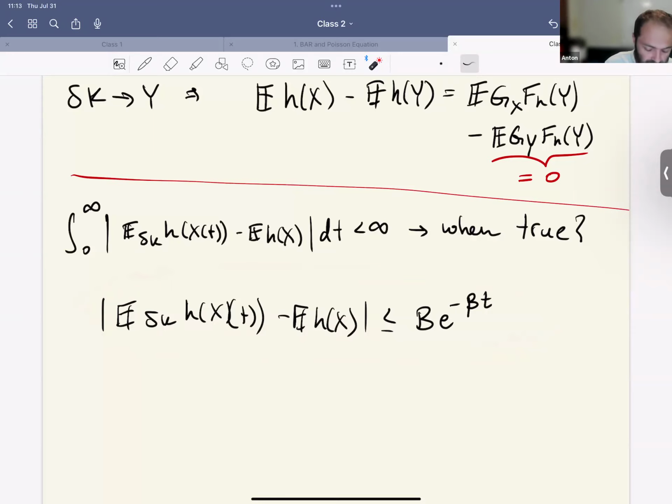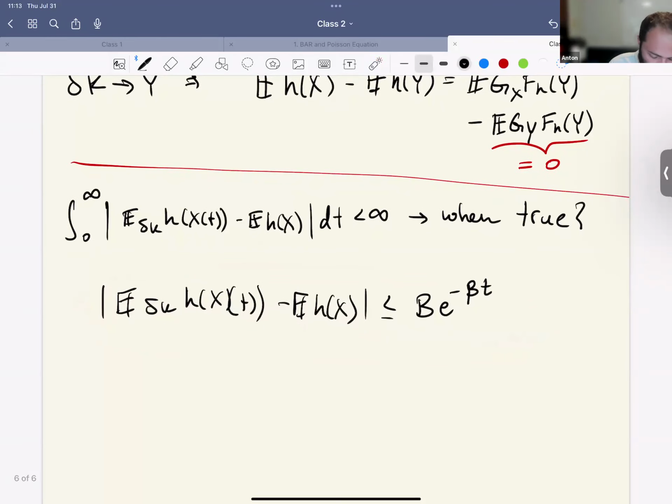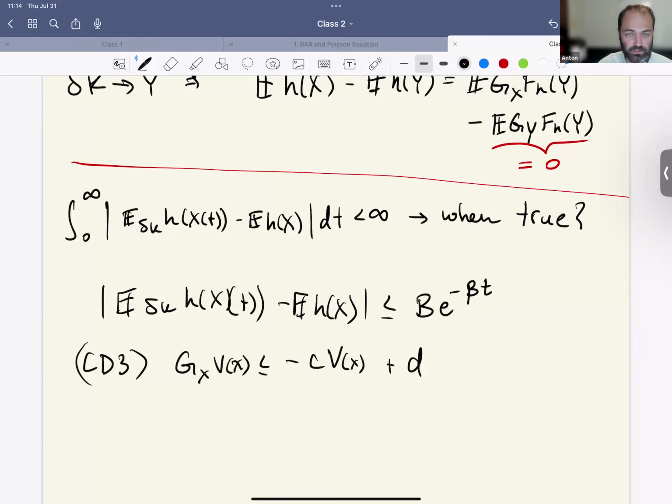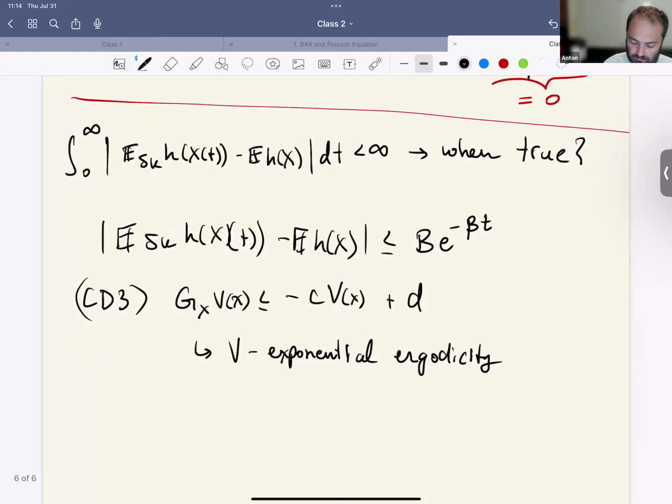Great. What about infinite but countable state spaces? This is Meyn and Tweedie again, but condition number three: if we can find the Lyapunov function that satisfies this drift condition, then this is called V-exponential ergodicity of the Markov chain.